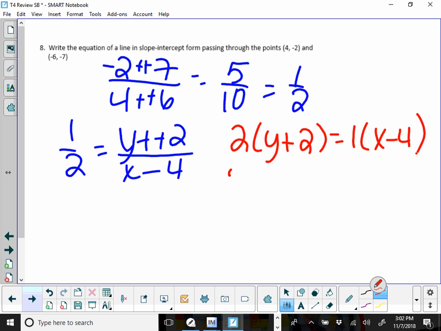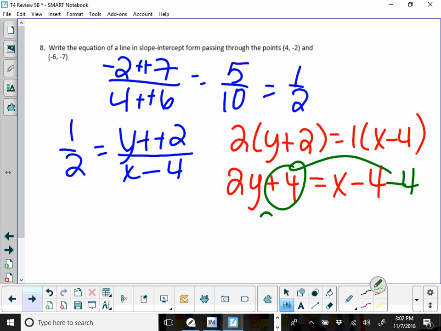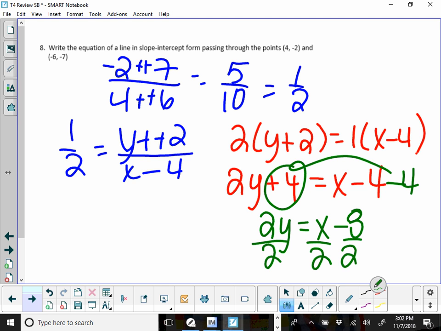Okay, distribute. All right, slope-intercept form means y is by itself, so I'm going to move everything away from y, and then divide by 2. So final answer on your review sheet should be y equals 1/2 x minus 4.